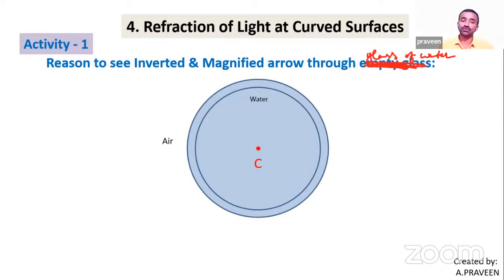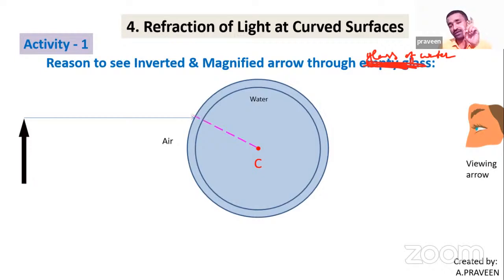So when you observe the arrow through the glass of water, we noticed the inverted and magnified image. The phenomenon behind that we are discussing now. Only one refraction is considered, only at the outer surface, because there is no inner surface to consider. Here it goes from rarer to denser medium, so the light ray bends towards the normal.